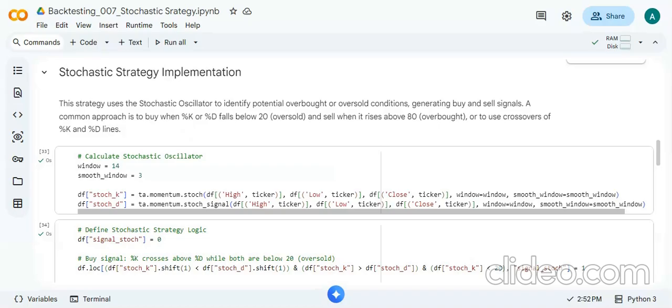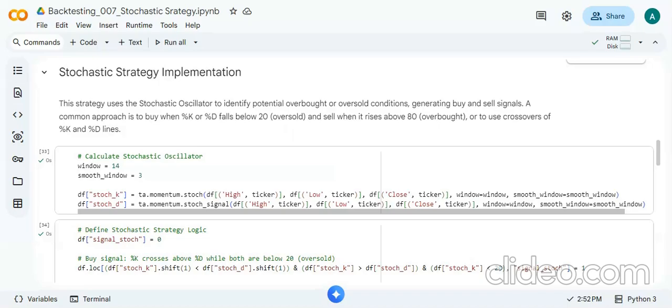So it's very similar to MACD, but not really, because MACD is kind of both trend following and momentum. It combines both of them, the histogram and the signal lines, but here we have only two lines and they go below 20, so it's close to the relative strength index, which I also just backtested in the previous video.